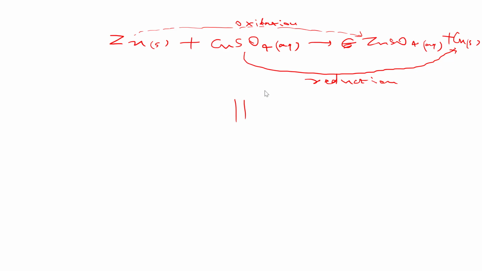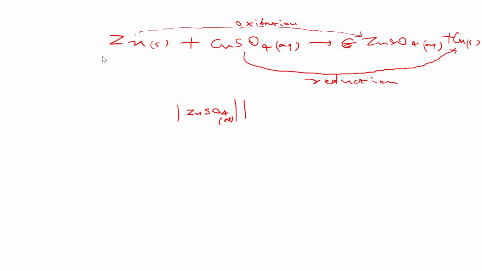So can you say which species from this reaction will be present in the electrolyte in the anode half cell? Zinc sulfate aqueous. So here we mention ZnSO4 aqueous. Now you can see, is there any concentration given? No, then we are not mentioning. If concentration is given then we have to mention that also. Okay, so now one more vertical line, that is the phase separation line.